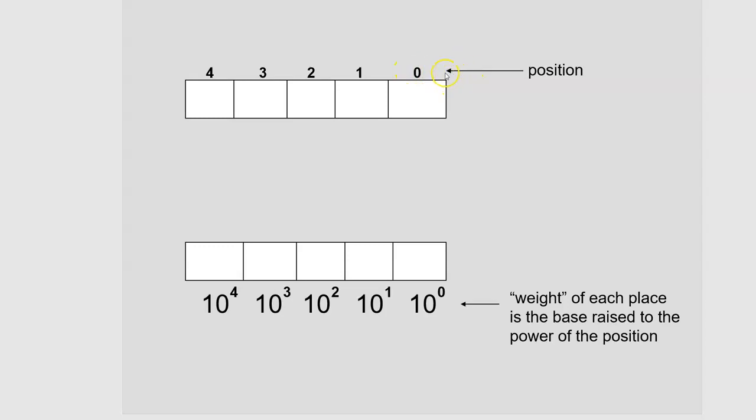So what we're doing now is counting the position of these numbers or cells. So this is the 0th position. This is the first position, the second, the third, and the fourth. Now, one advantage to doing this is that this becomes, we'll call it right now, the position of the weight or the number that we're talking about.